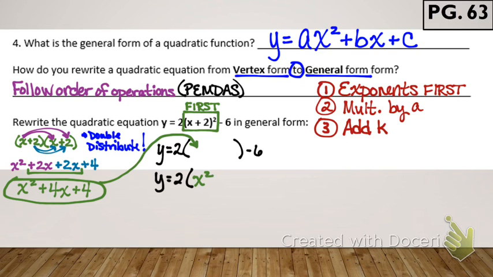X squared plus 4x plus 4, and then I have the minus 6 on the end. Are you guys okay with what I've done so far? This part over here is the hardest piece of this. If you can get this part done, the rest of it's a piece of cake.